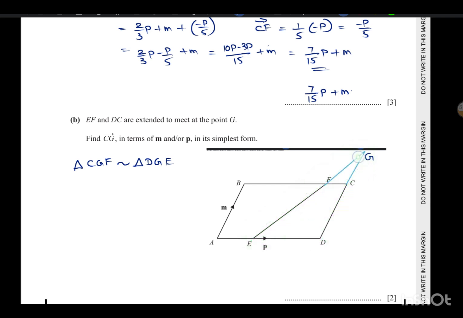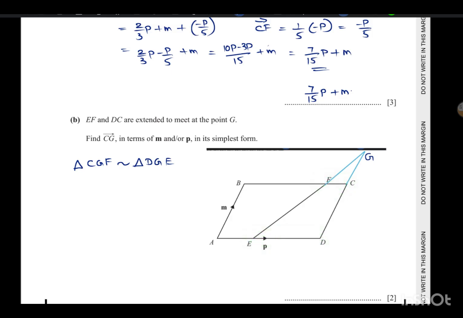Because there is a common angle here, and because this side is parallel to this side, it has one more set of equal angles. So two angles are equal, and by angle-angle, this is similar.